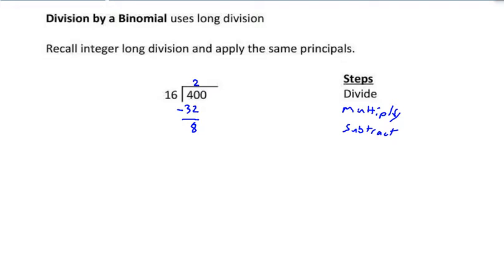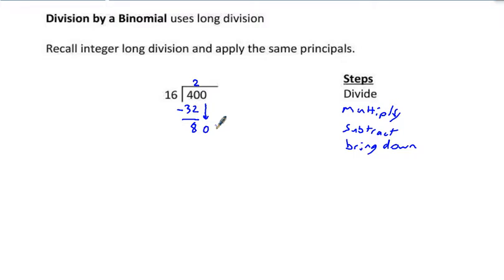And the next step is to bring down the next digit. So the 0 will go here.